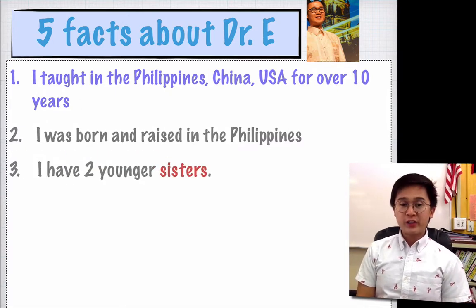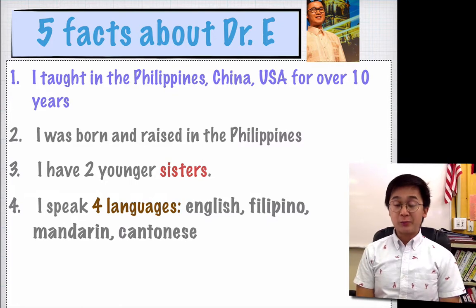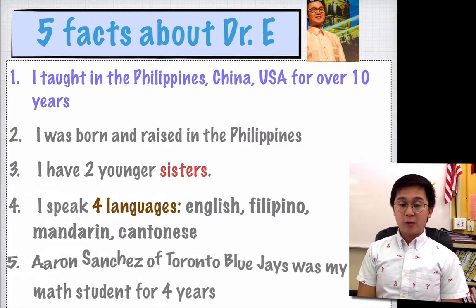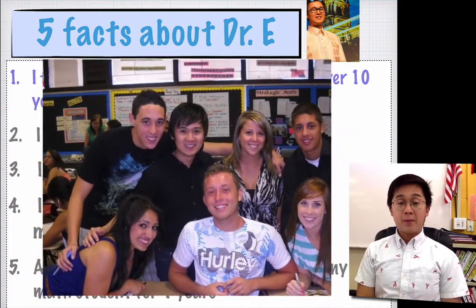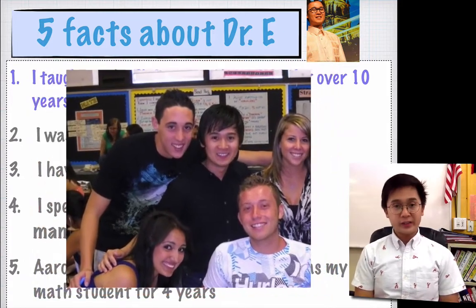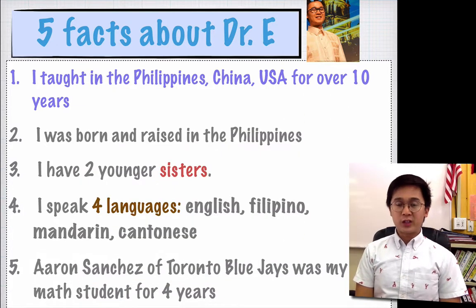I have 2 younger sisters, and I also speak 4 languages: English, Filipino, Mandarin, and Cantonese, because I lived in China for more than 2 years, so I was able to acquire the language and learn how to speak it. And the last fact about me is that Aaron Sanchez of the Toronto Blue Jays was my math student for 4 years. And that's 5 facts about me, just for you to have an idea of who your instructor is.